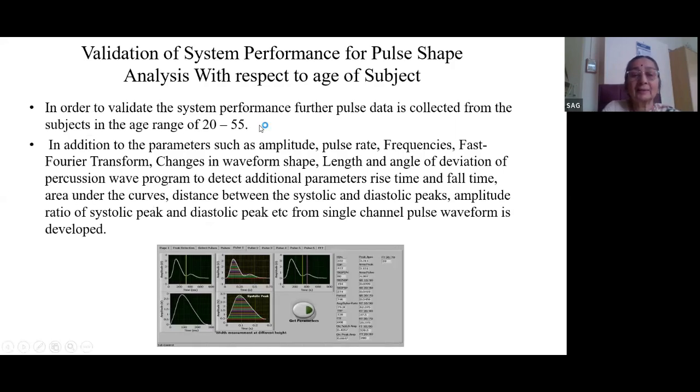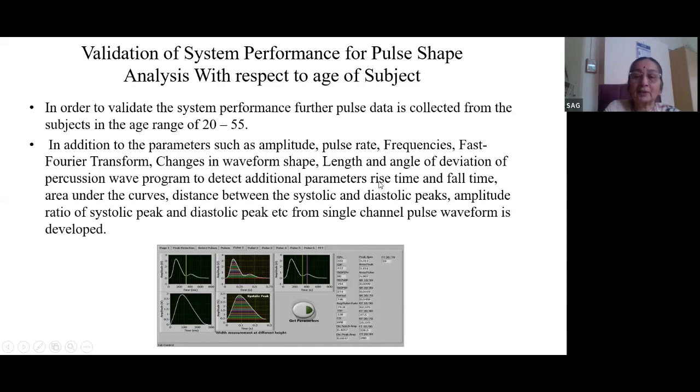Now, in order to validate the system performance, further pulse data was collected from subjects in the age range of 20 to 55. As I said in the previous slide, amplitude, pulse rate, frequency, FFT, the change in the waveform shape, and length and angle of deviation of the percussion wave were analyzed using the program.